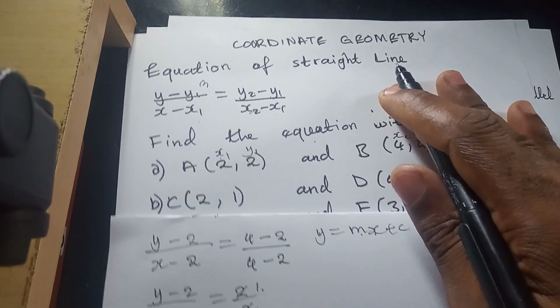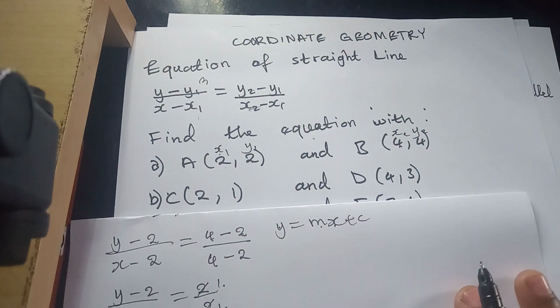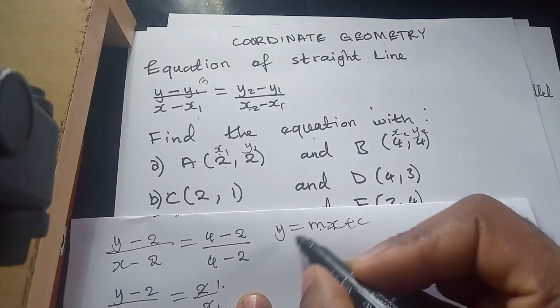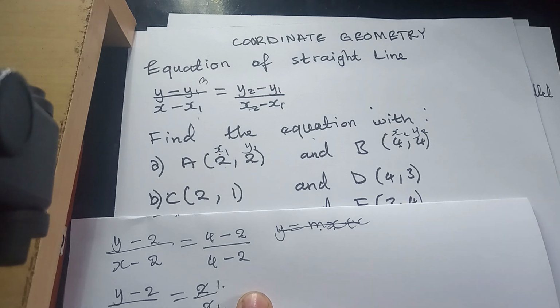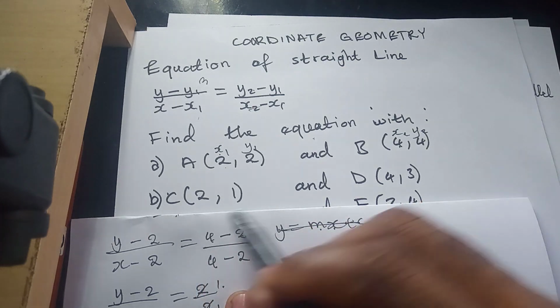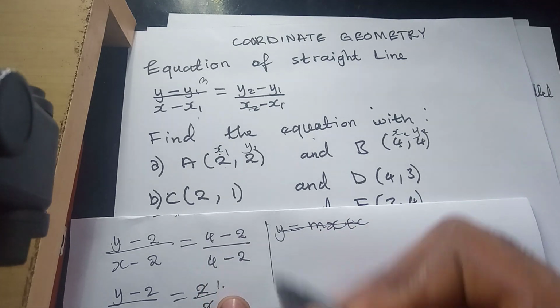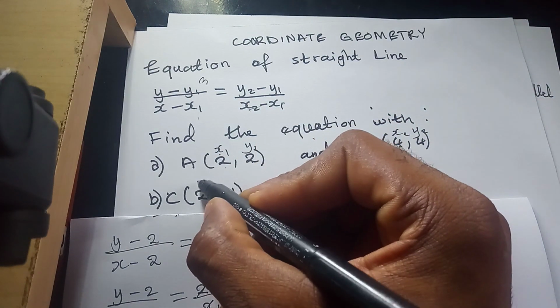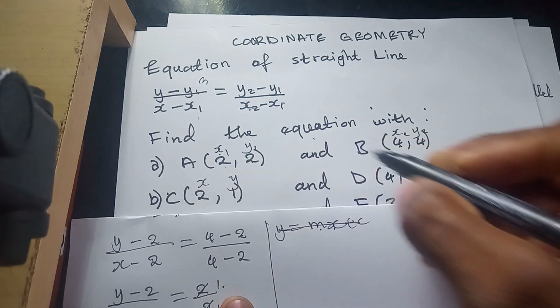And then on part B, we have C and D. To find the equation connecting these 2 points, we can use the same formula. Let's just name the points.